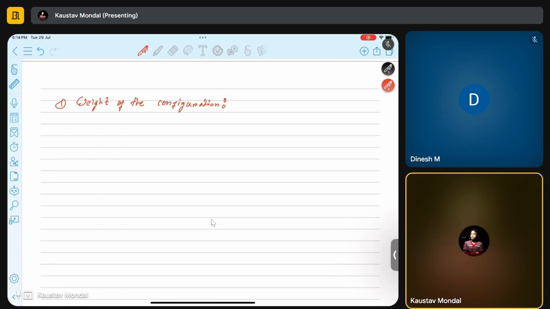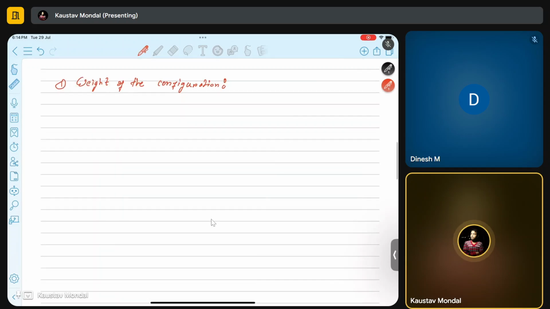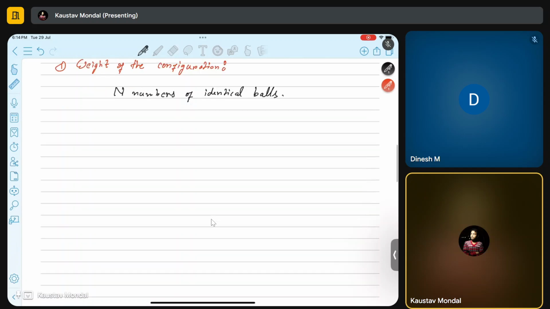Let's suppose I have N molecules, or suppose N balls. N identical balls, so all the balls are identical.